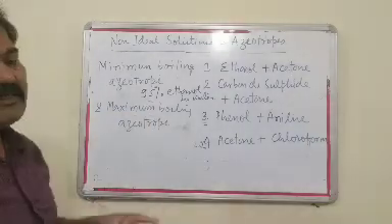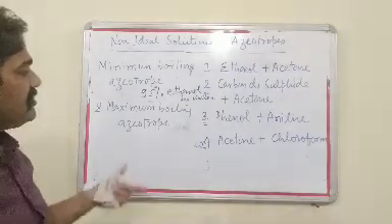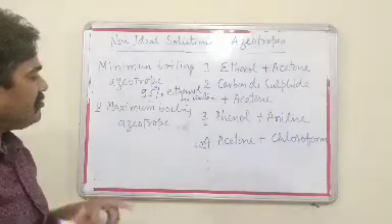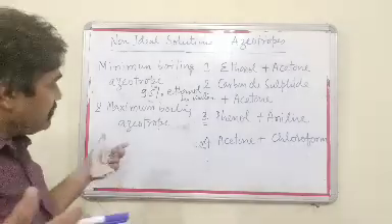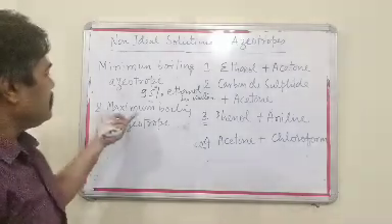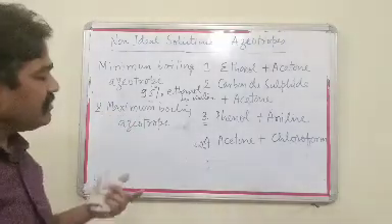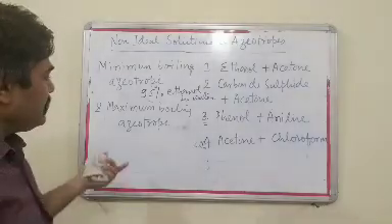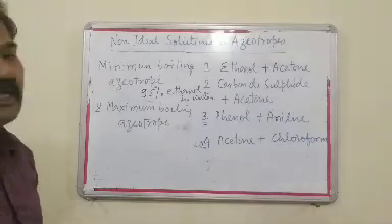Because the interaction between the solvent-solute molecules is more compared to the interaction among the solvent-solvent and the solute-solute molecules. That's why they boil at higher temperature. That's why they are called maximum boiling azeotrope.